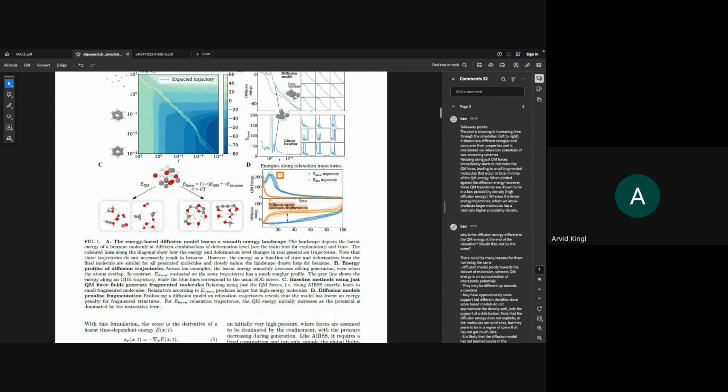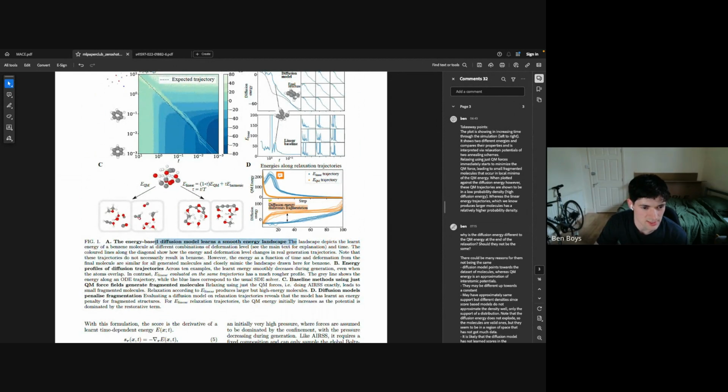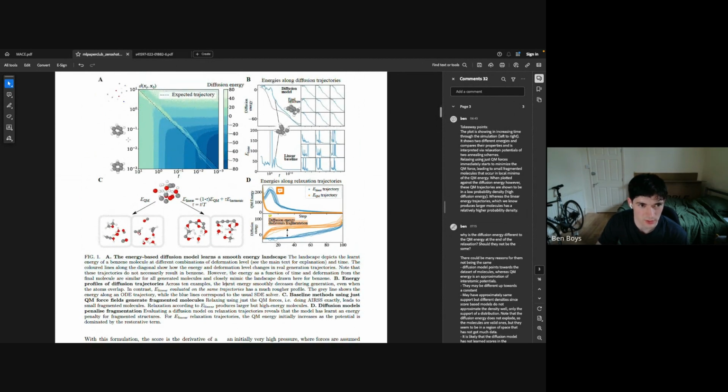Yeah. So the landscape depicts the learned energy of a benzene molecule at different combinations of deformation level on the y-axis and time on the x-axis. The colored lines on the diagonal show how the energy and deformation level change for the real generation trajectories of the diffusion model. We're starting with point clouds, and because of this atomic switching going on, they're not necessarily going to land in benzene molecules, but these are trajectories of generation for this diffusion model that's going to generate valid molecules.